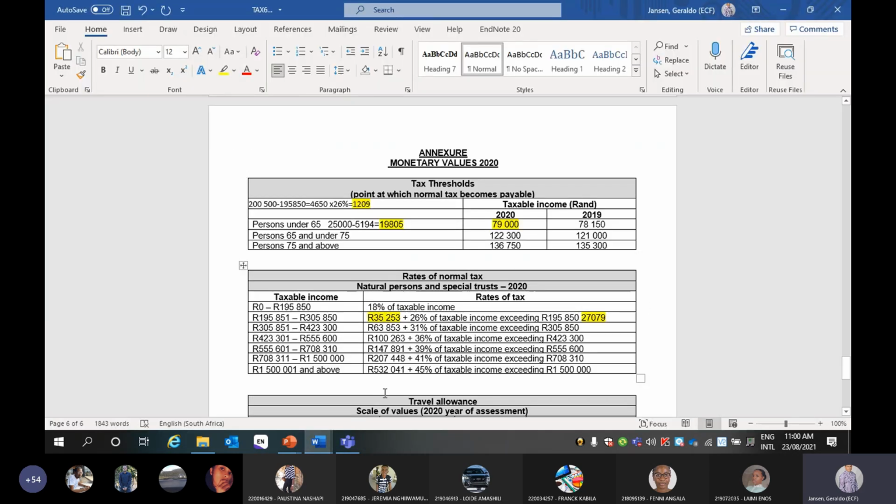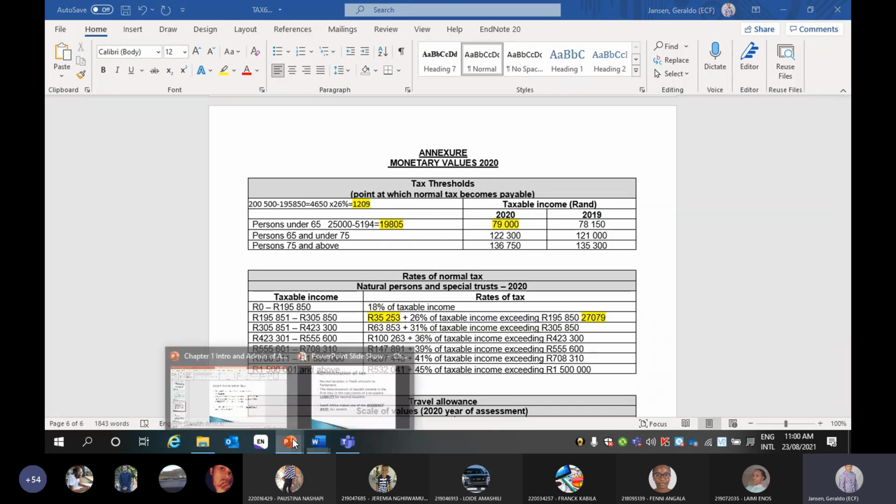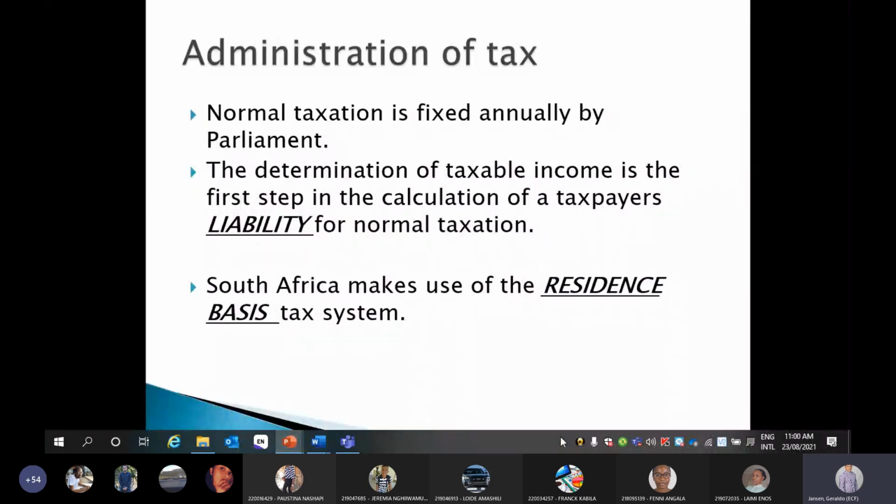Once we have the taxable income, we will go to this table to see how much tax will be deducted from that income. That income will be taxed, and that is the amount that we will calculate.